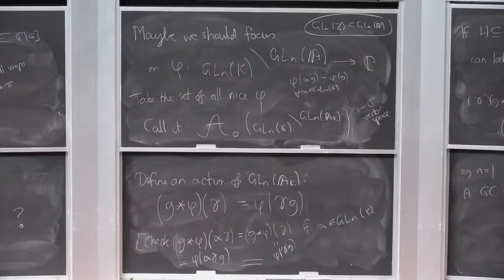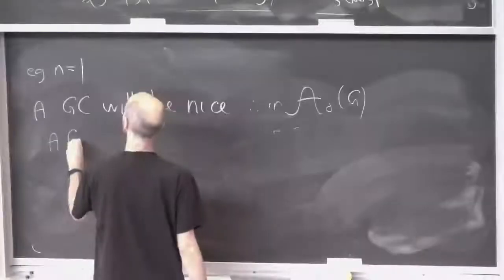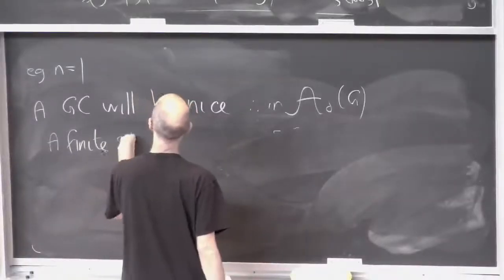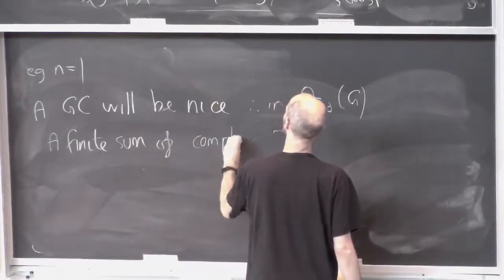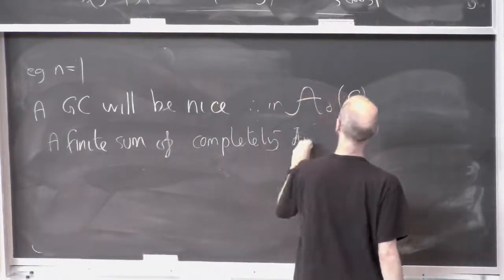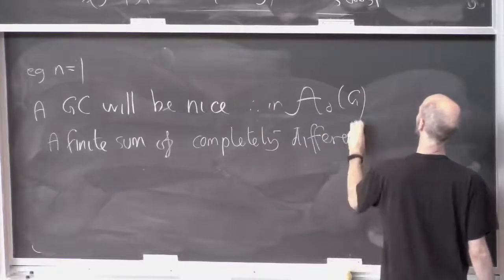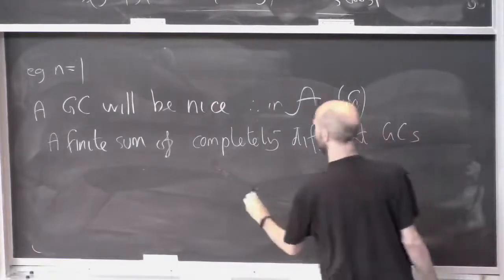But it's kind of interesting, right? So therefore in A0 of G. Okay? But remember, this is a complex vector space, so maybe a finite sum of Grössencharakters, of completely different Grössencharakters. Maybe that will also be nice.